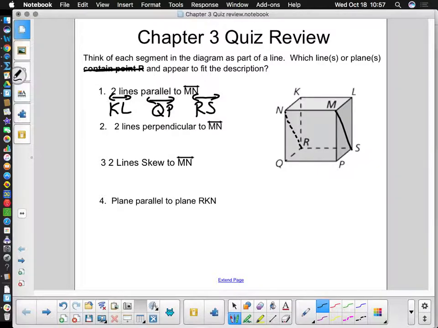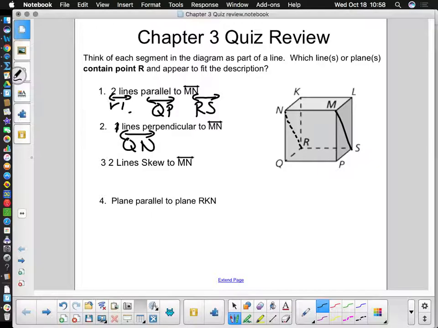If we do it the other way, points containing R that are perpendicular, it's just 1 line. There are no lines perpendicular to MN that contain R, are there? No. Okay. Give me a line that is perpendicular to MN. QN, LM, NK, PM, any of those, but none of them that contain R. But QN would be one example.